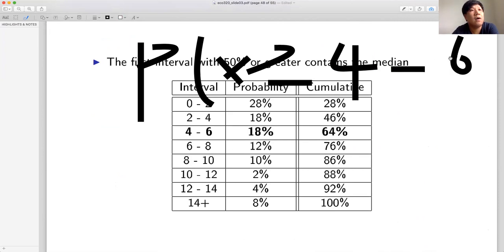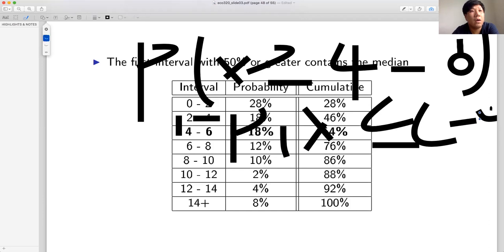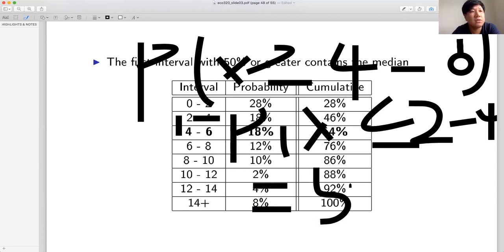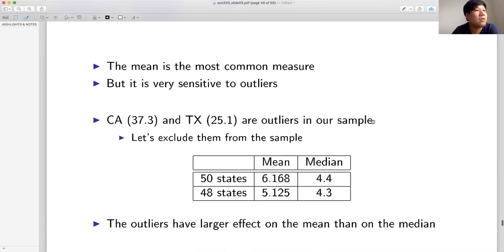That is basically 1 minus the probability that x is less than or equal to 2 to 4, right? The probability that x is less than or equal to 2 to 4 is 46%, so this should be 54%. In other words, this satisfies the second condition as well as the first condition. That's why this is the median. Please take a look at this.